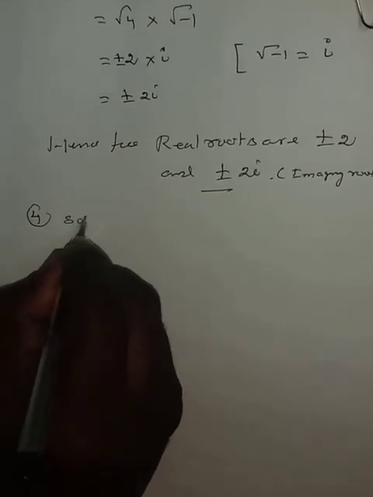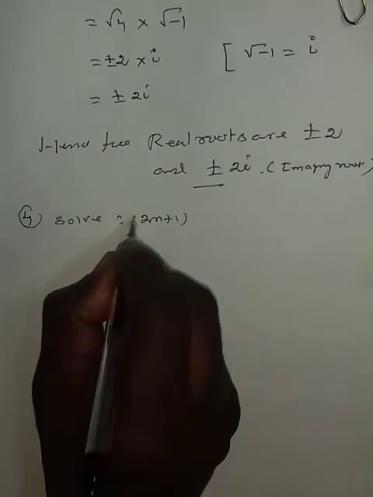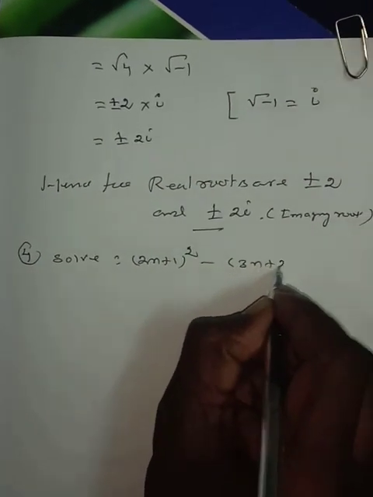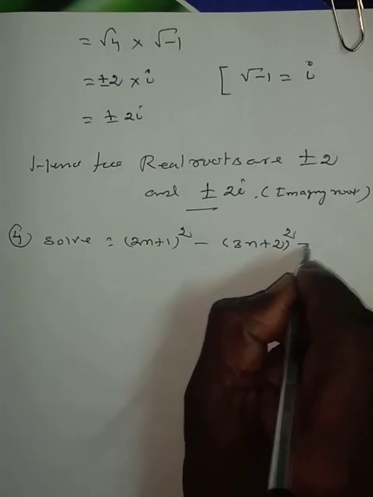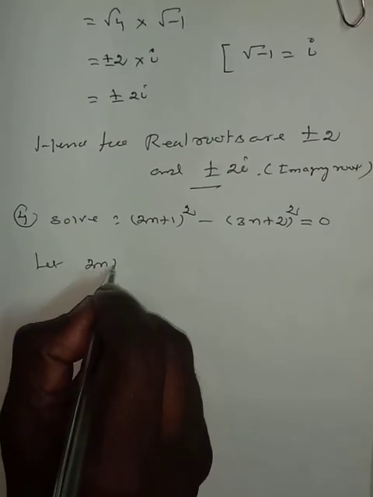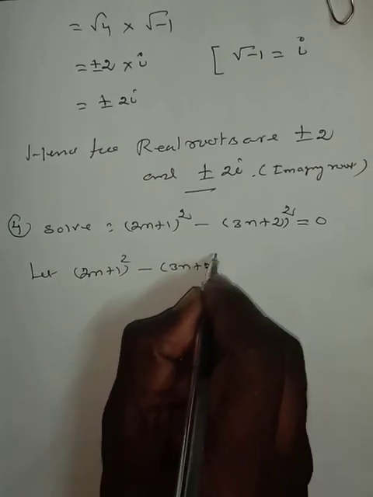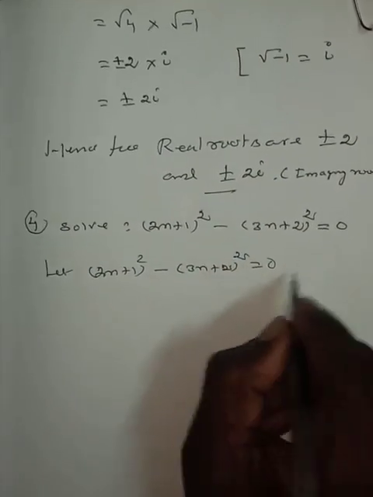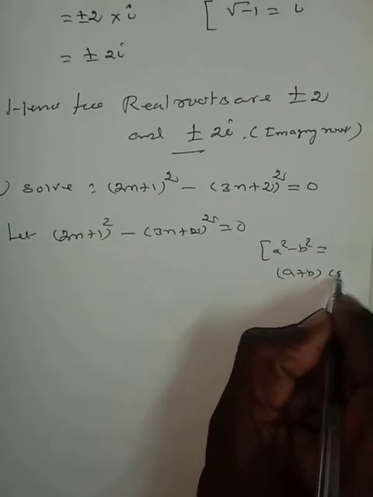Next, question number 4. Solve 2x plus 1 whole square minus 3x plus 2 whole square is equal to 0. This is the a square minus b square model. a square minus b square is equal to a plus b into a minus b.